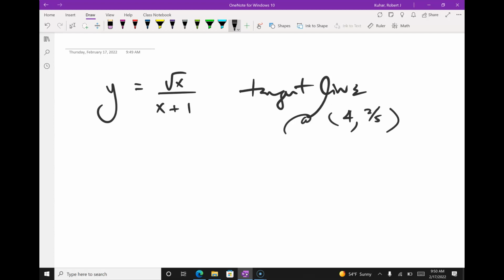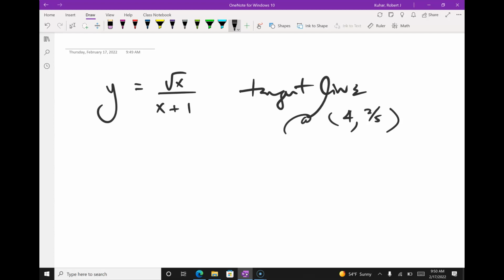I'd rather no decimals. I definitely don't want any estimating numbers. So if I tell you square root of 2, don't tell me 1.4 or something. Just leave it as square root of 2.